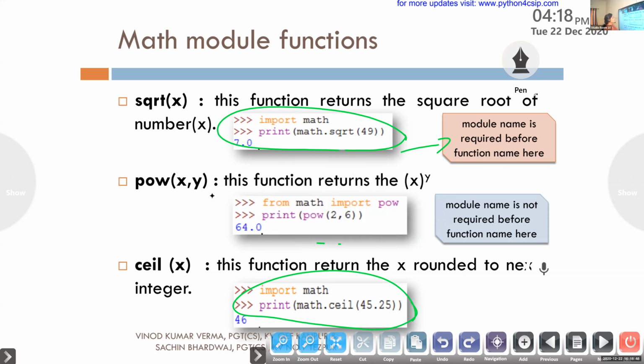The pow function returns the number raised to the power. And the last function, the first time you are hearing this word, the ceil function. Its use is to round that argument to the next value. 45.25 will be converted into the next value, 46.